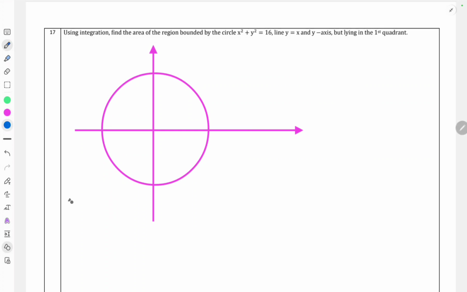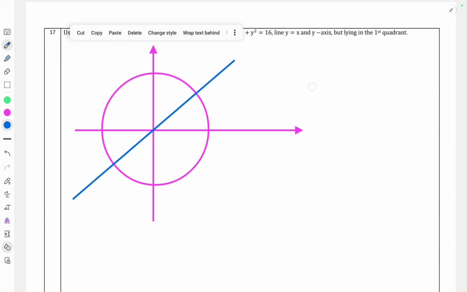Y equal to x means it passes through the origin, and y-axis, means this line. So the y-axis and this circle equation, but lying in the first quadrant and bounded, which means this region they are asking. So this region only we have to find now, this part.